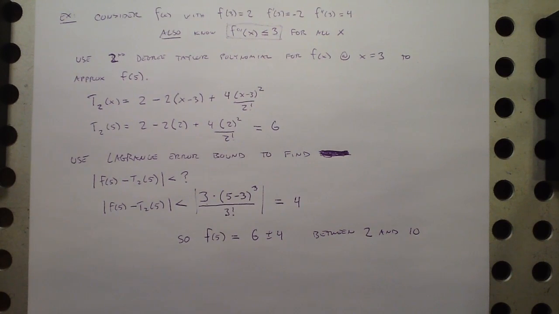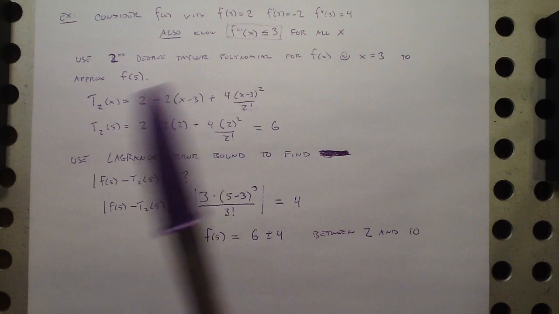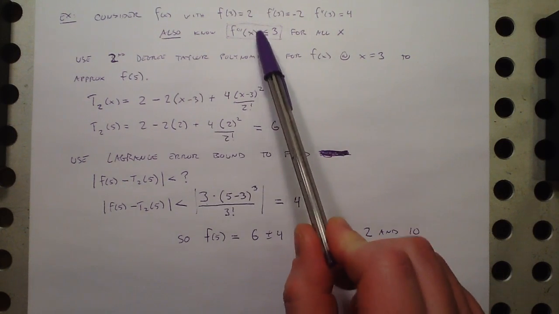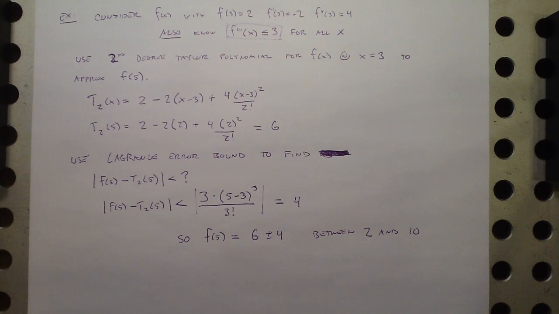I saw one crazy problem once where they gave a graph of the next derivative, and you just had to look at the graph and figure out what that maximum would be, some kind of reasonable cap. Sometimes it's just given like this. But whichever way you can find it, that's how you use the Lagrange error bound for non-alternating series.